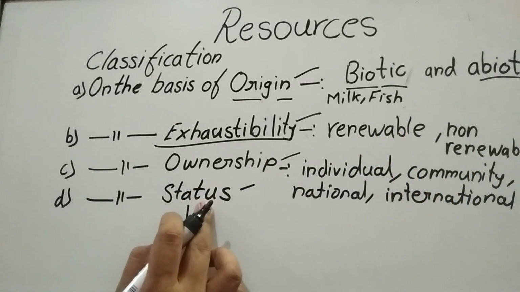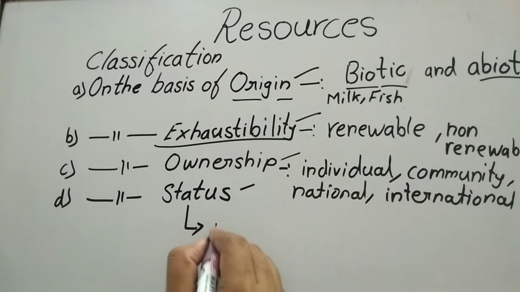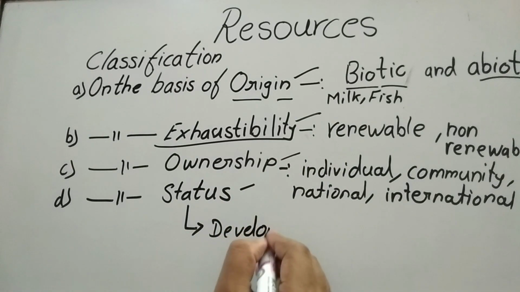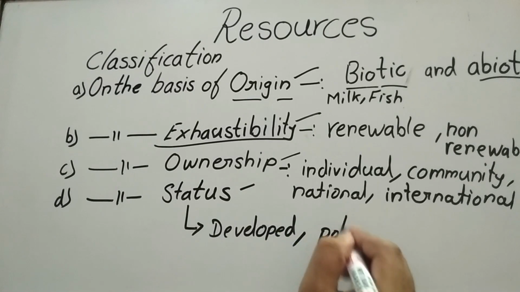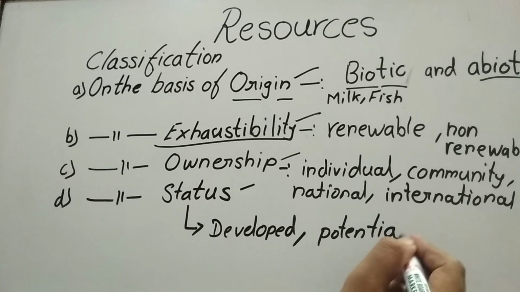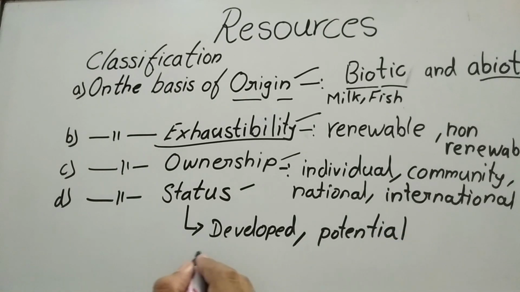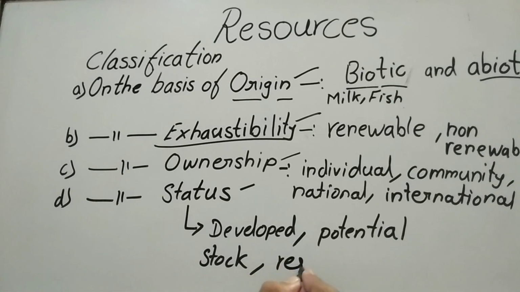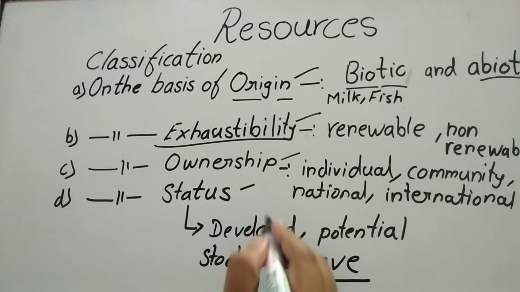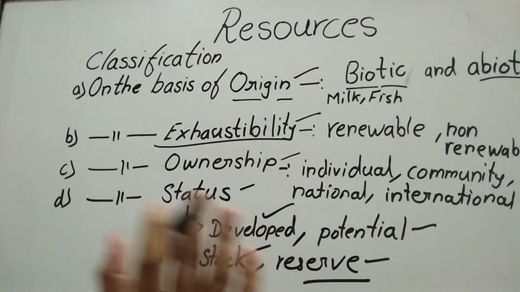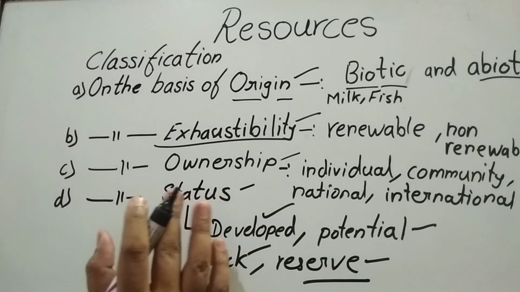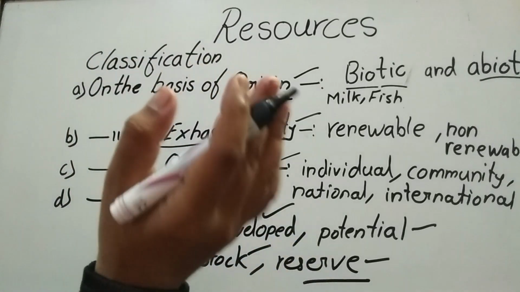On the basis of status, developed resource, potential resource, stock resource, and last, reserve resource. Now everybody understand? Everybody written down? Is it visible?